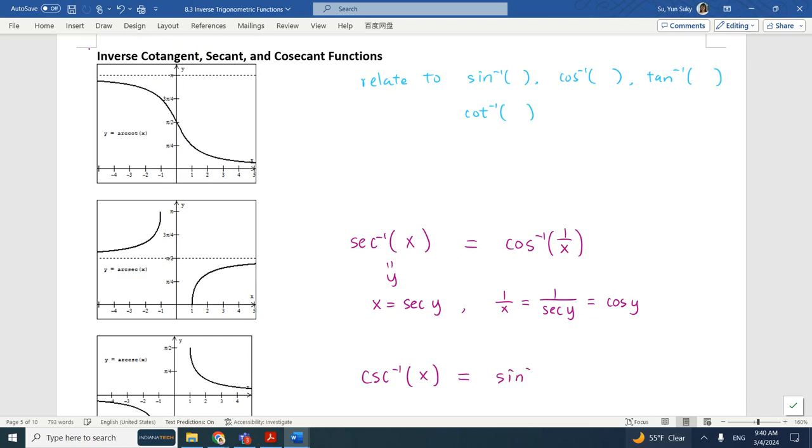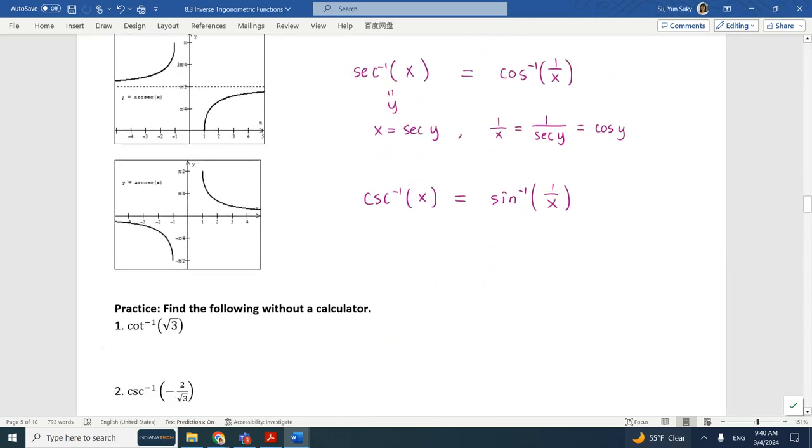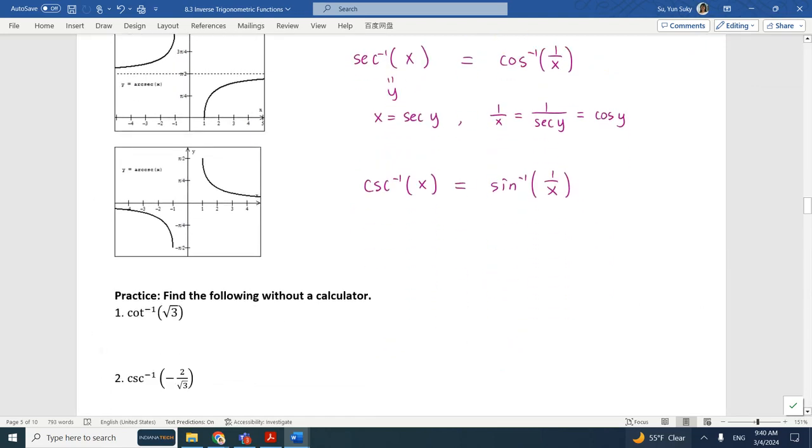Yeah, arc sine of 1 over x. Exactly. Because sine and cosecant are reciprocals, you're going to flip it. Okay, so let's do the following. Find the following without a calculator.